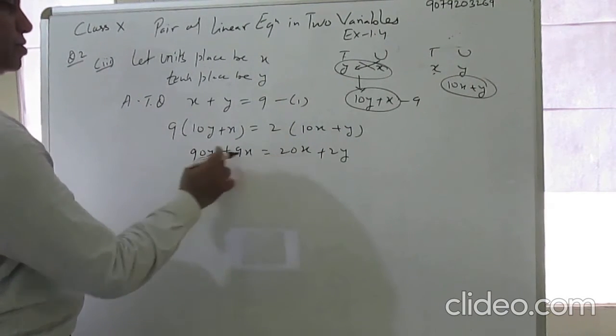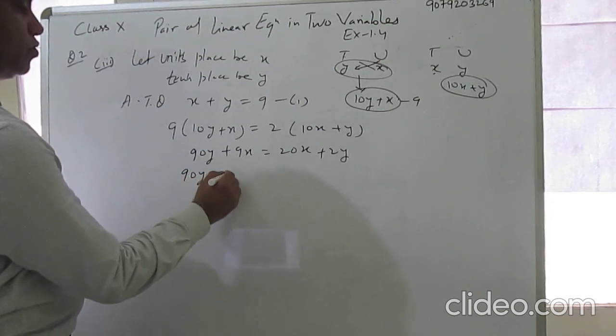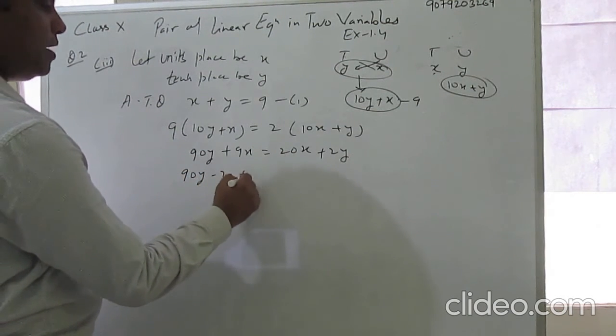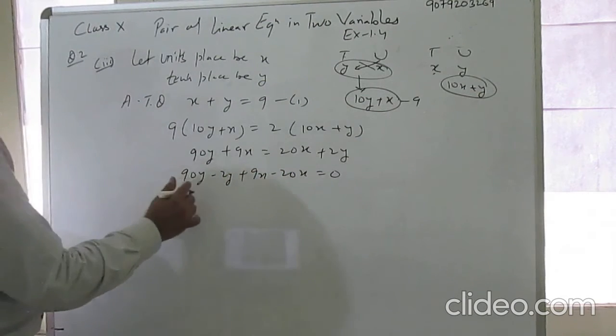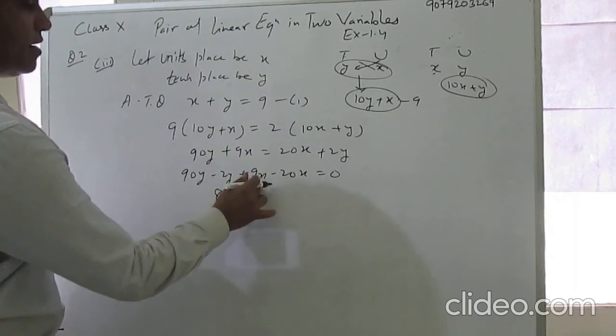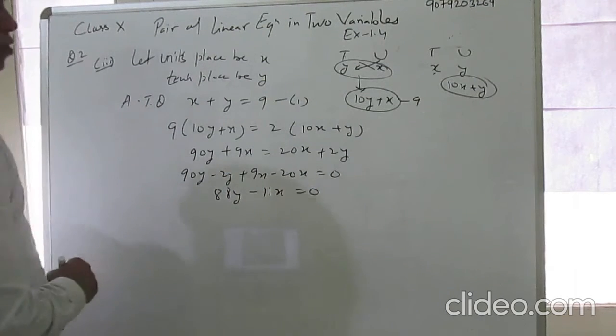So it becomes 90y minus 2y plus 9x minus 20x is equal to 0. So it is 88y and this is minus 11x is equal to 0.